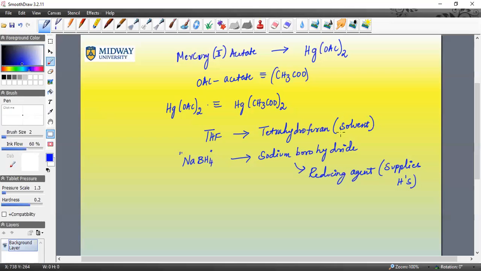Most organic compounds are nonpolar, meaning they require nonpolar solvents to dissolve them for the reactions to be carried out, and that's why we use tetrahydrofuran. We've also used dichloromethane and other solvents. So tetrahydrofuran is a solvent, and this is the actual reacting species, the mercury 2 acetate, which reacts with our compound containing the double bond.